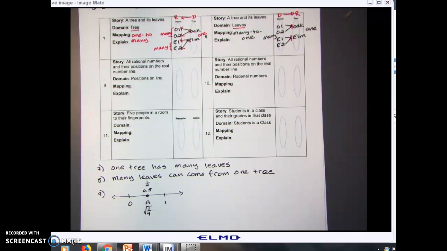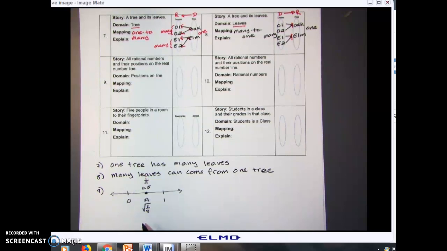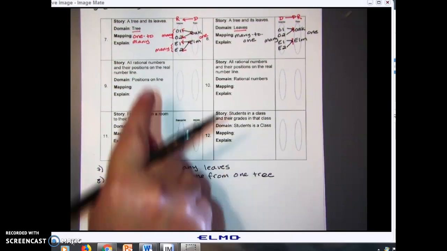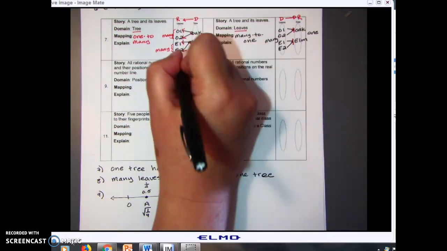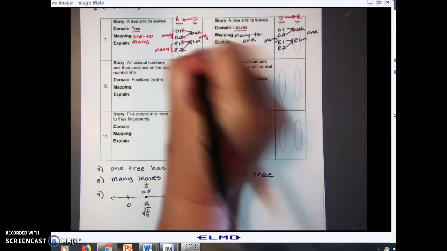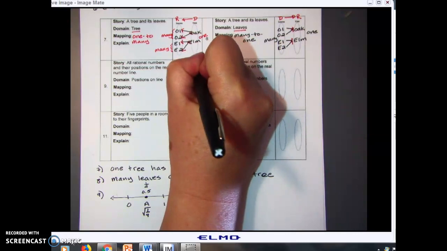Now ultimately, when I simplify these numbers, I get 1/2, which is the midpoint between 0 and 1. But each number on its own is its own rational number. So coming up here, we said all rational numbers in their position on the real number line. And so this one is talking about the position, and this one is talking about the number.